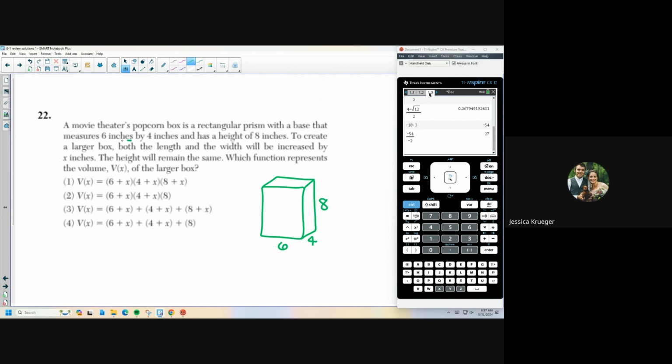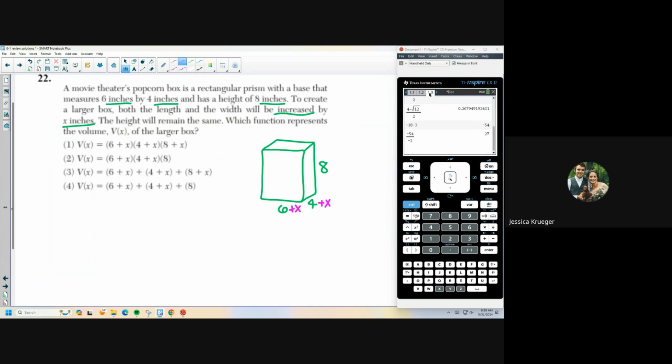And always on these, make sure that you've got consistent units. To create a larger box, both the length and the width will be increased by X. So that means my length needs to be increased by X, and my width needs to be increased by X. The height will remain the same.